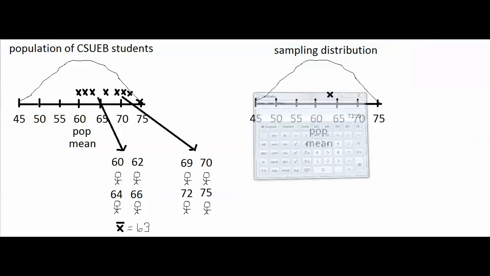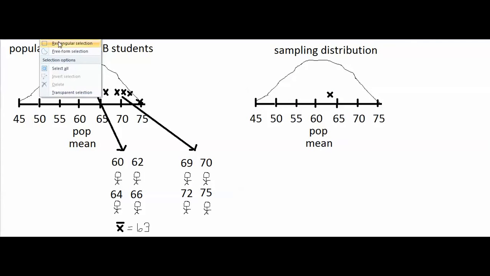So it's 71.5. This right here was the mean of one possible sample of 4 people that could be selected from the Cal State population.